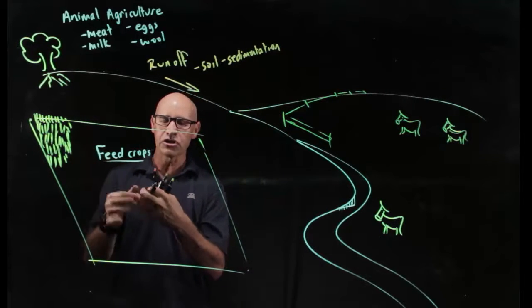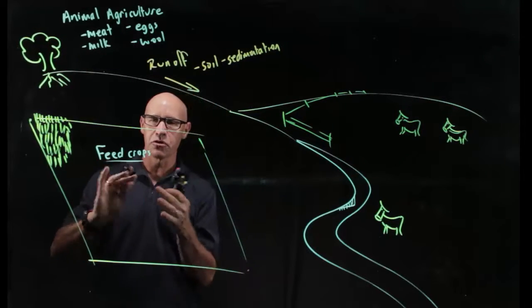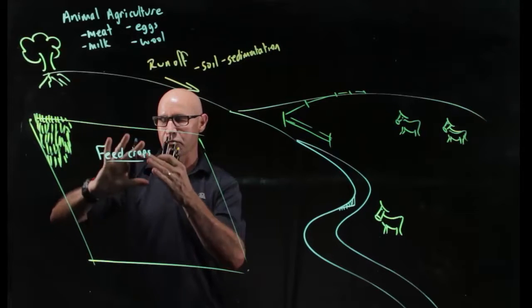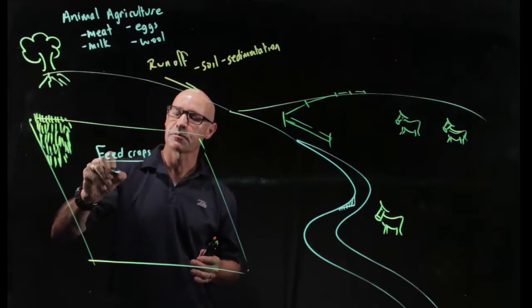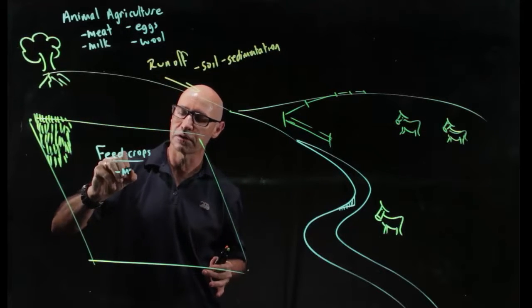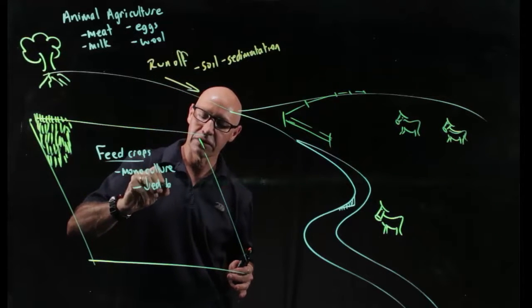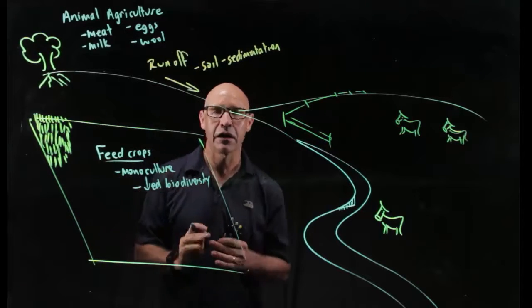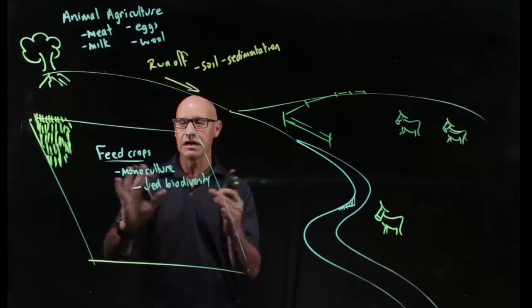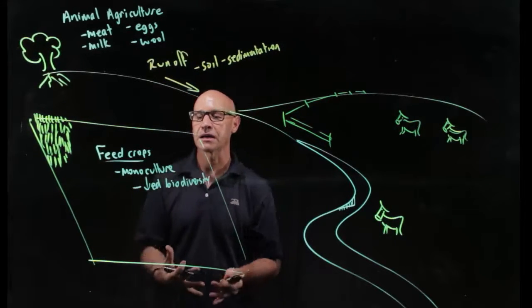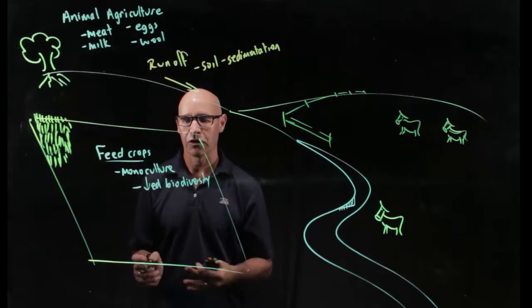Now, I mentioned monoculture. So we're removing a natural ecosystem and replacing it with a monoculture. So that means that we've reduced biodiversity. Now, a biodiverse ecosystem is self-sustaining, but a monoculture is not.